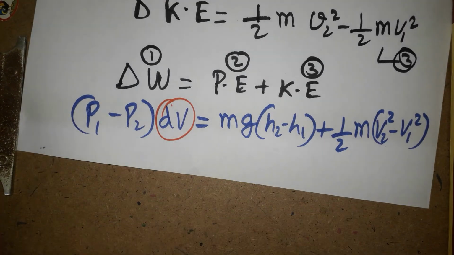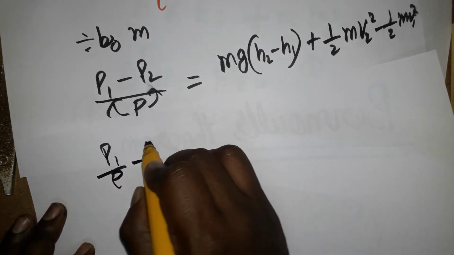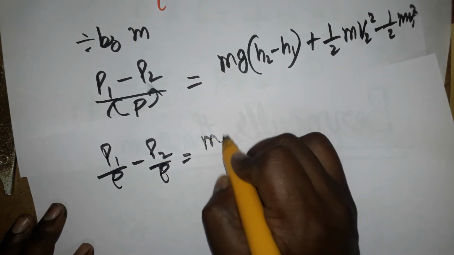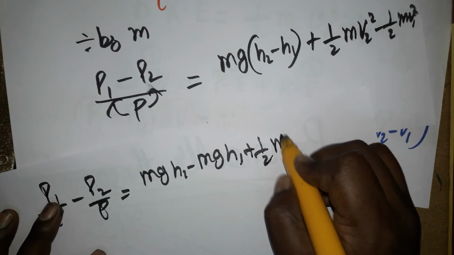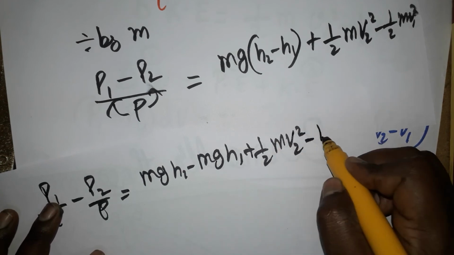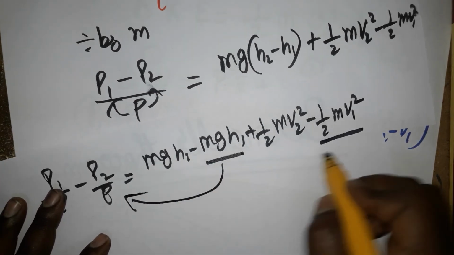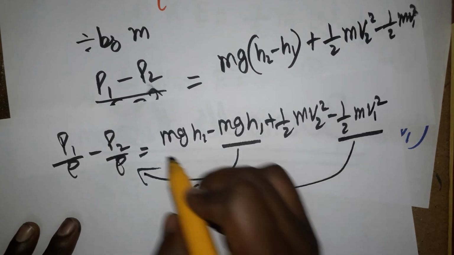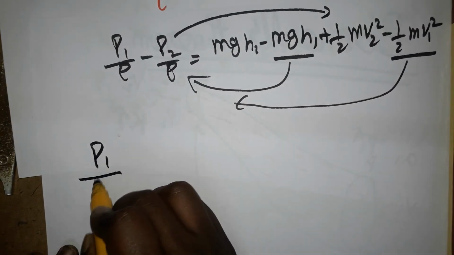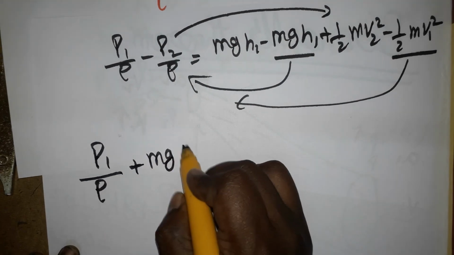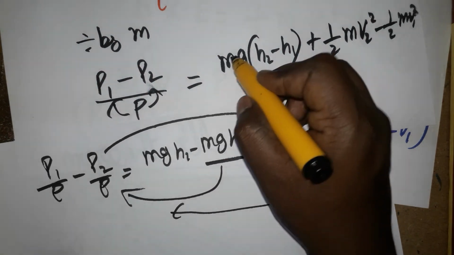Now see, I am writing it separately. P1 divided by rho minus P2 divided by rho is equal to g h2 minus g h1 plus half v2 square minus half v1 square. If you take this to the left side, the minus sign becomes a plus; if you bring this to the right side, the minus sign also becomes a plus. The total equation can be divided by the mass, so mass won't be there.